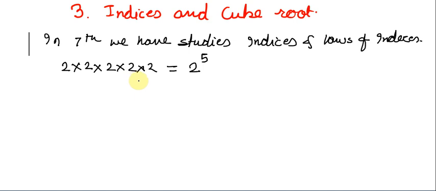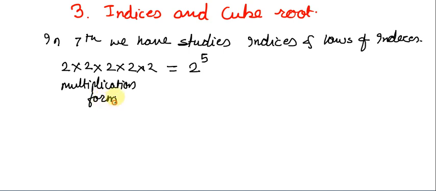How many times it is multiplied is written over the top right corner of the 2, and that is called the index. This is the multiplication form.